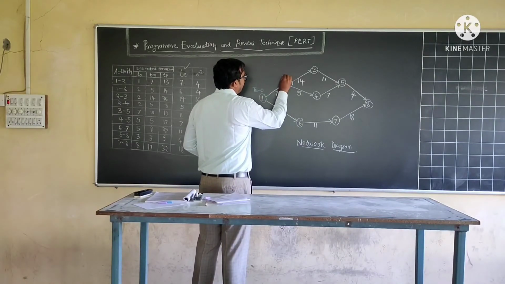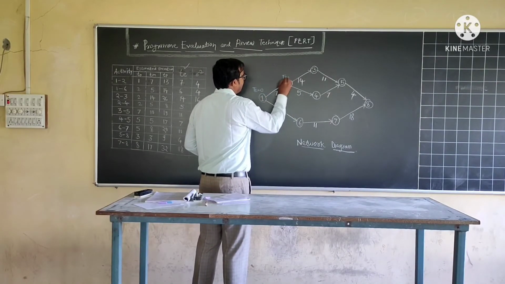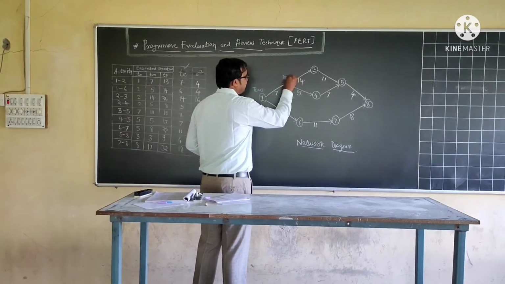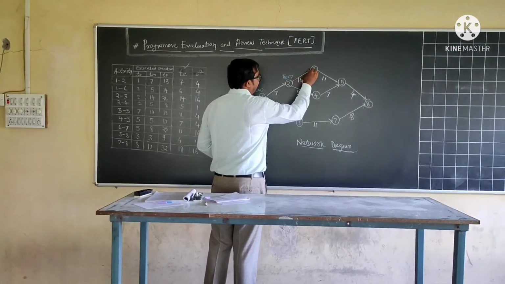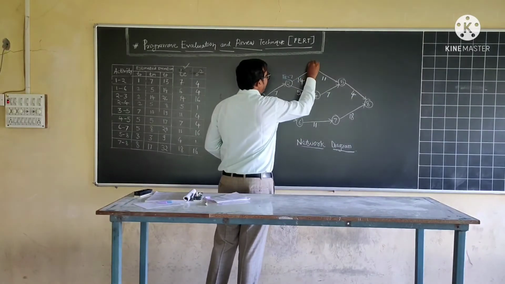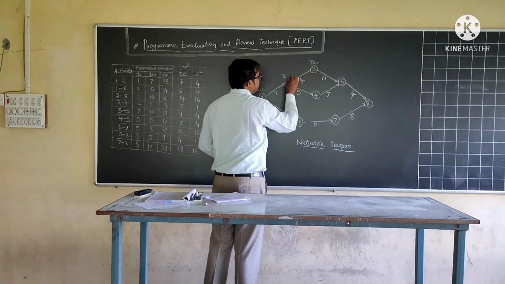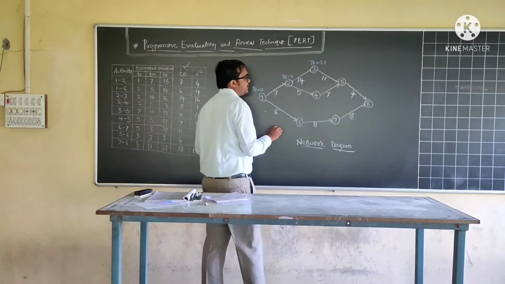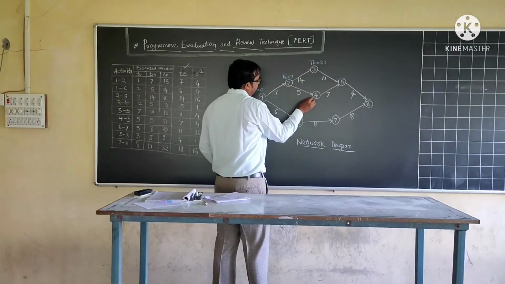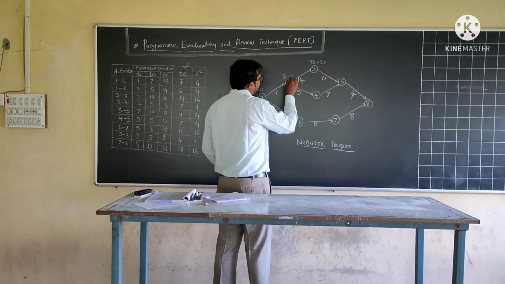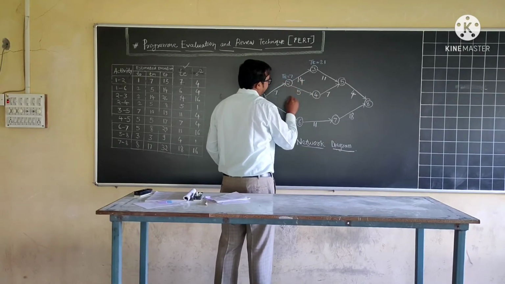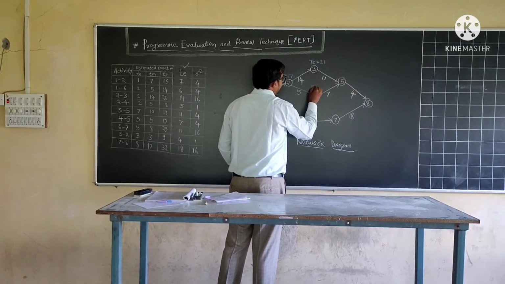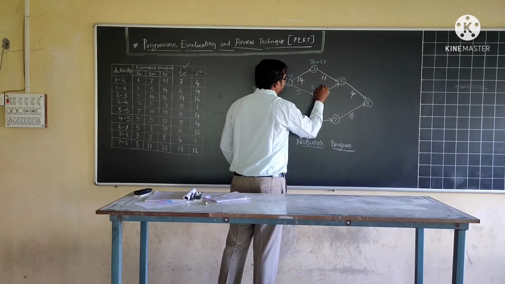At event number 2, TE will be 0 plus 7, 7. At event number 3, the value of TE will be 7 plus 14, 21. Likewise, for event number 4, 7 plus 5, TE will be 12.